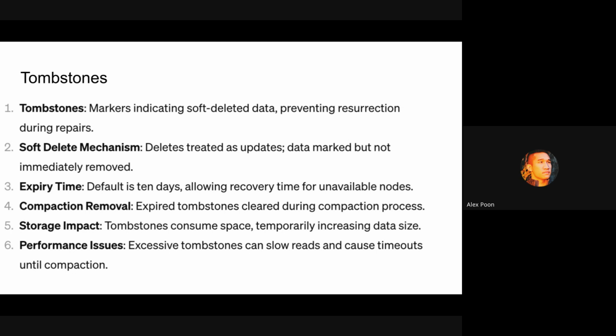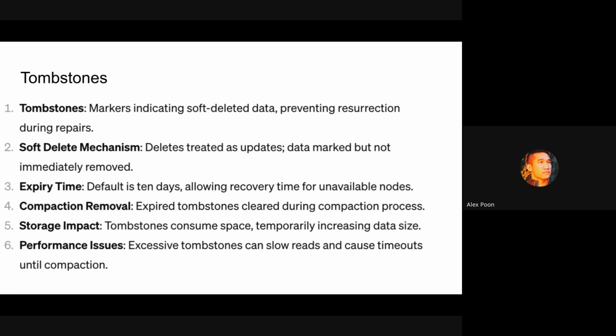When we execute a delete operation, the data is not immediately deleted. Instead, it's treated as an update operation that places a tombstone on the value. Each tombstone has an expiry time associated with it, representing the amount of time that the nodes will wait before removing the data permanently.